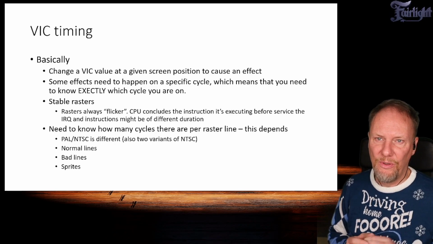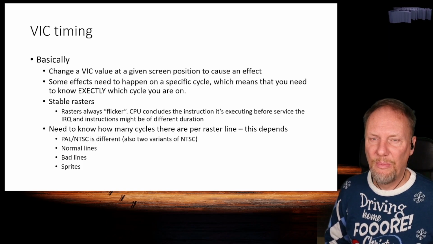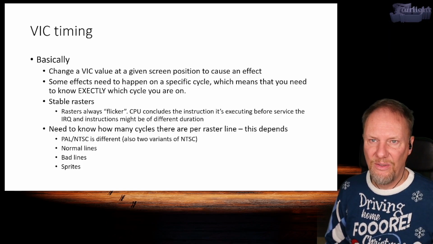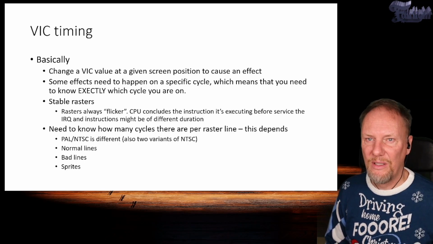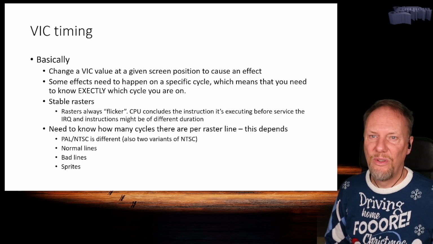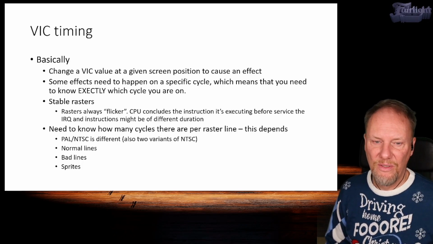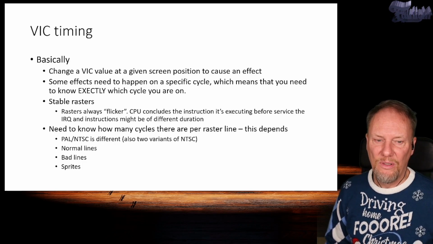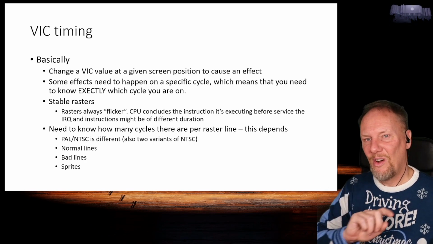I'm not going to go through how you do that because there are multiple techniques of doing it, but I'm just saying that you should look at stable raster interrupts for that. There are multiple examples online already, so I'm sure you can dig that out if you only have the pointer of stable raster.